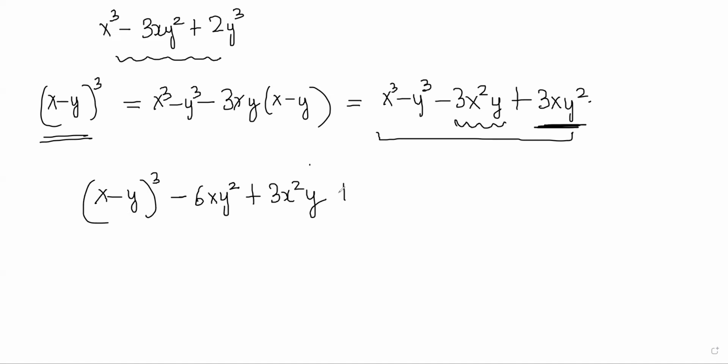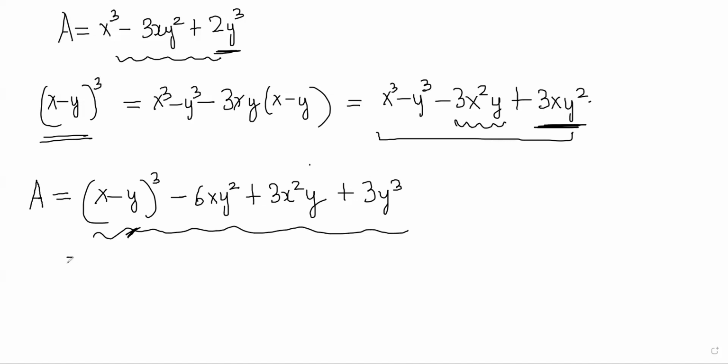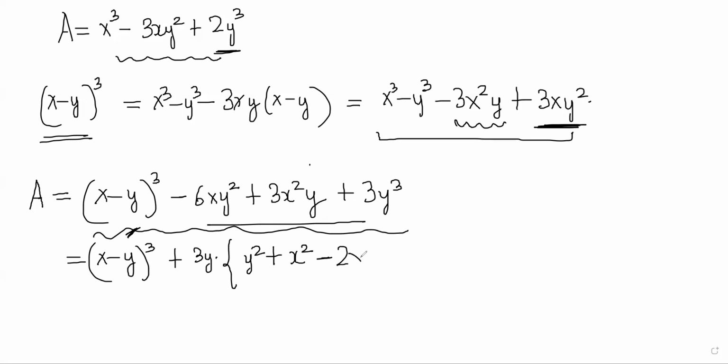And then I have to do a plus 3y cube also, because there's a negative y cube here. I need a plus 2y cube, right? So basically, the same expression is coming equal to this. This is the expression that we call A. And now here you can just say x minus y whole cube. Here notice if you just take 3y common, plus 3y common, you are getting y square plus here it will become x square and here it will become minus 2xy.